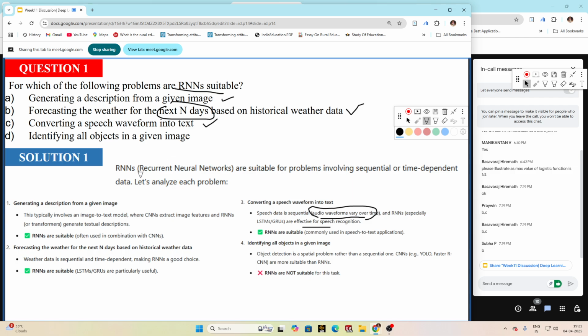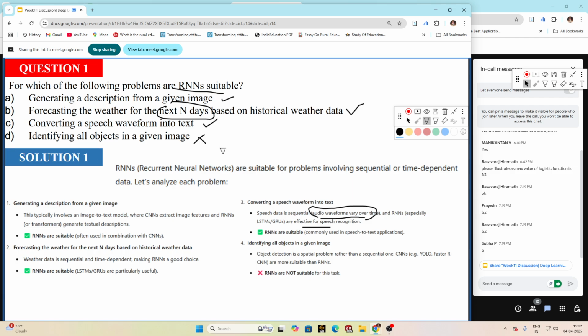And option D, identifying all objects in a given image. For identifying all objects in a given image, you just use a simple classification problem. You can use a simple CNN and get the results. That is why RNN is not used for identifying all objects in a given image. So option D is the wrong answer. Option A is CNN plus RNN, option B RNN, option C RNN, and option D CNN only.